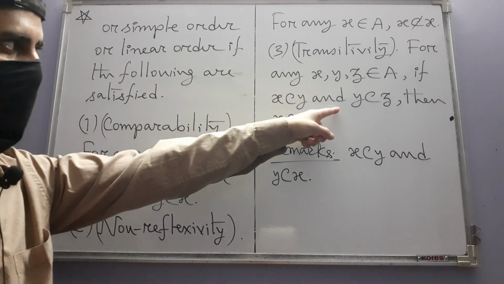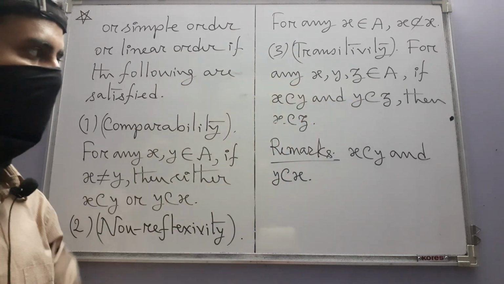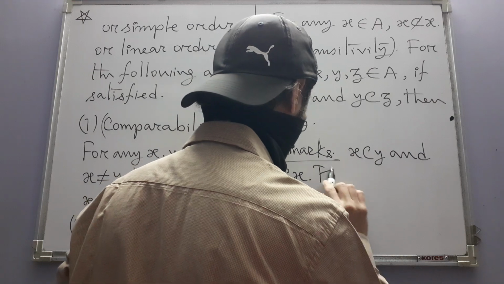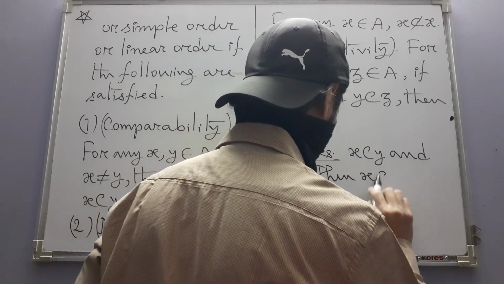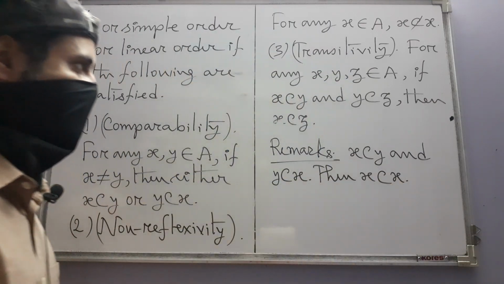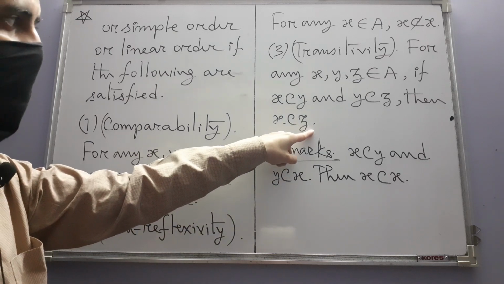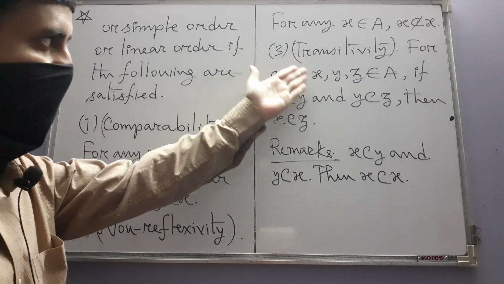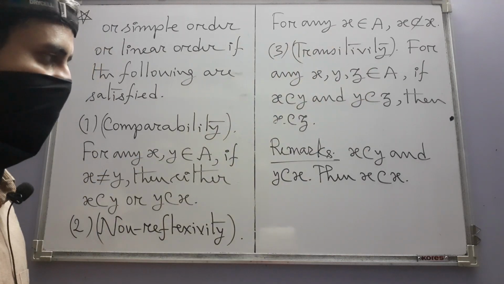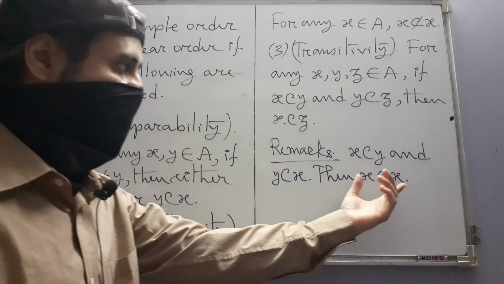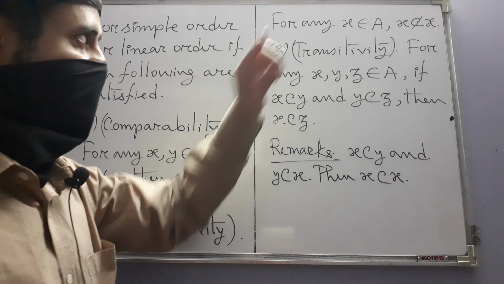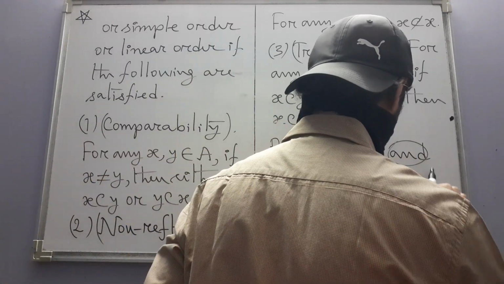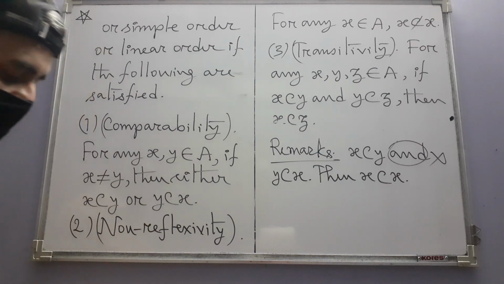Now look at transitivity. What does transitivity say then? Obviously, then x is related to x. Think of transitivity with x in place of z. That can be true, right? You can consider x, y and x. But then this goes against non-reflexivity. So that is why this cannot be true.